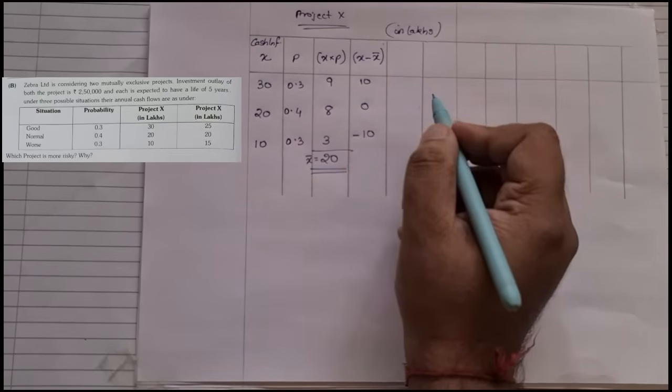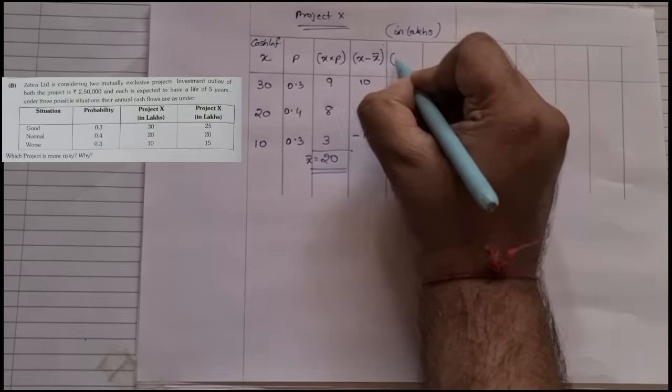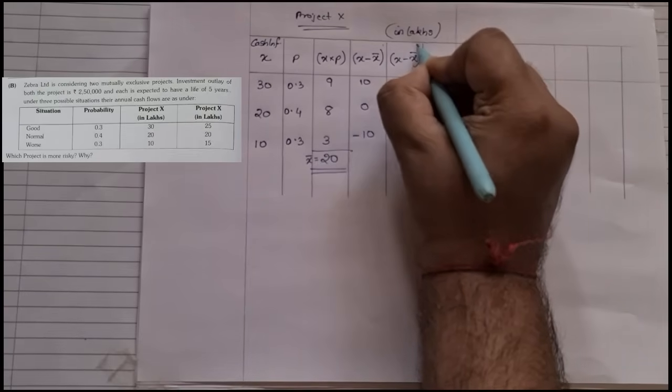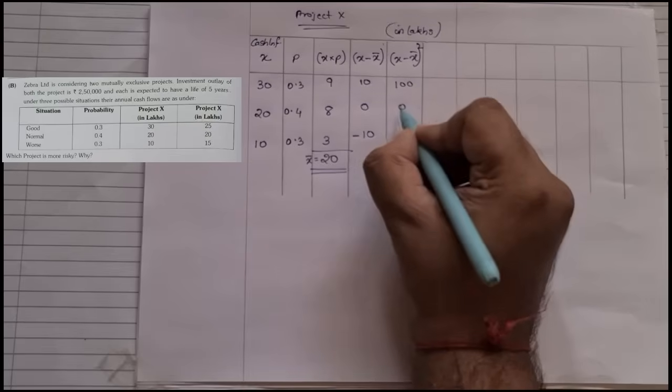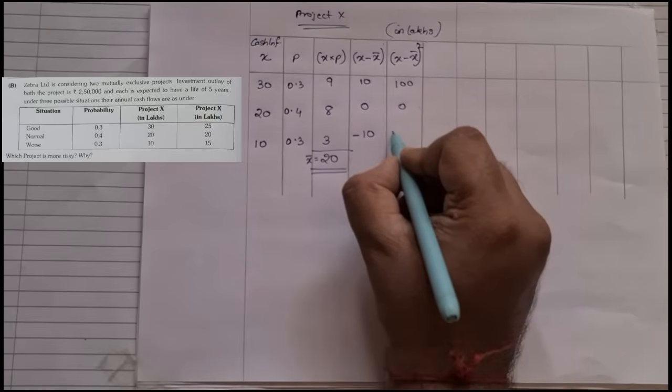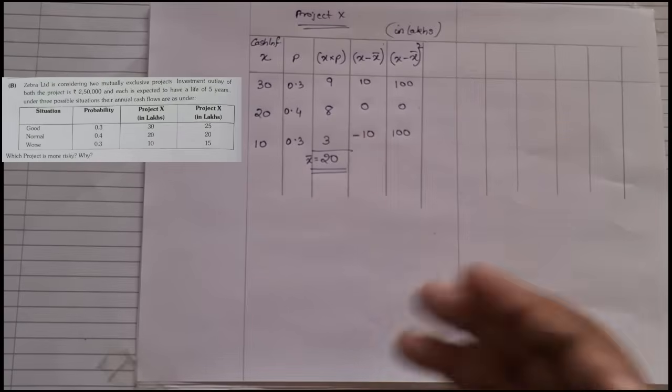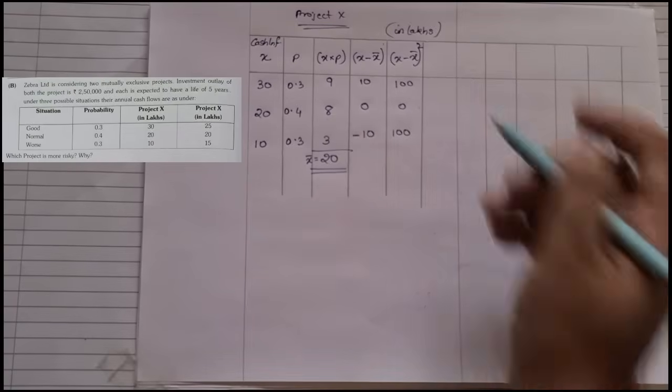The next thing we require is X minus X bar the whole square. Square it. So 10 into 10 is 100, 0, and again 10 into 10 is 100. The square of even a negative value will always be positive.